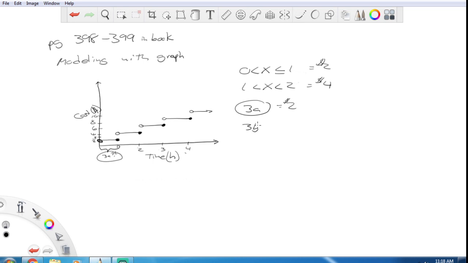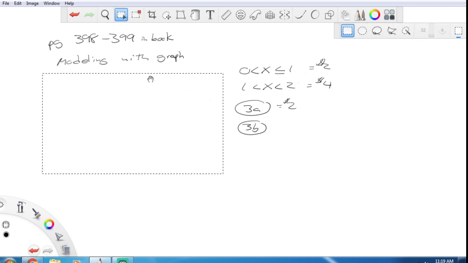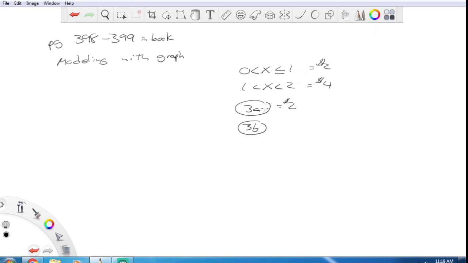For 3B, how much does parking cost for 4 hours and 20 minutes? So that's above 4 hours, but less than 5 hours. Oh, I screwed up the y-axis too. Don't look at my graph. Look at the graph in your book. I didn't copy that well.